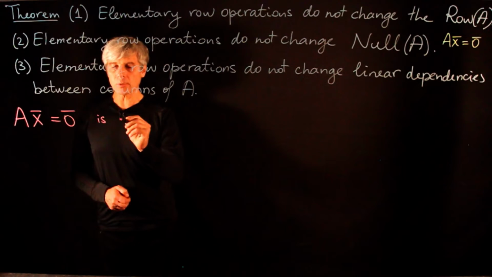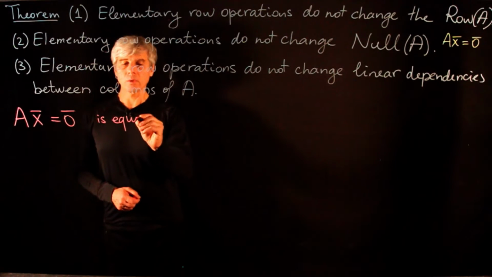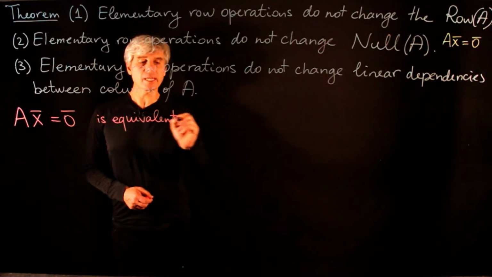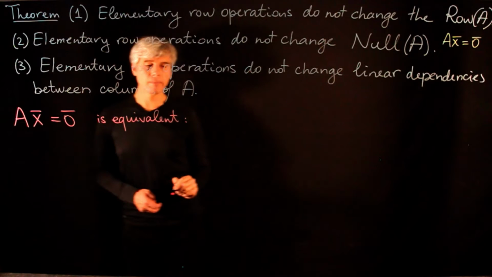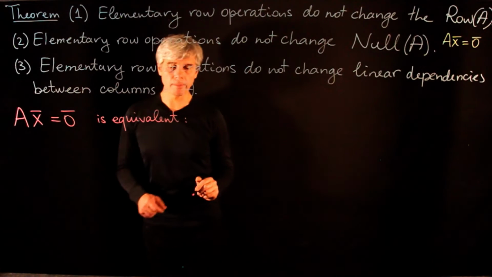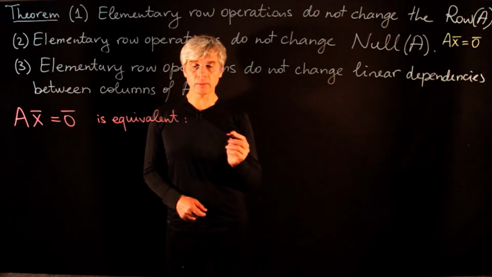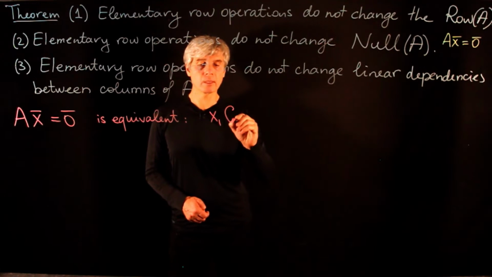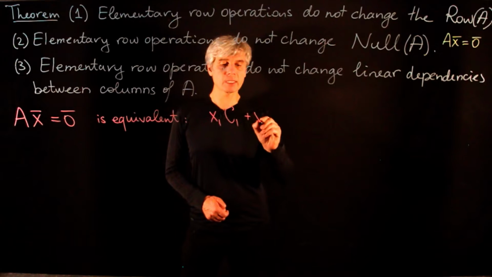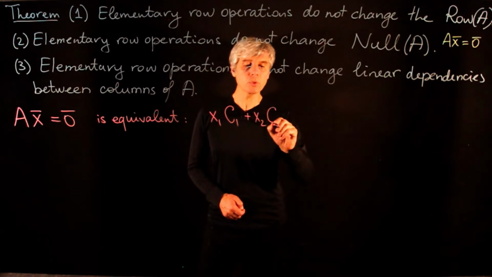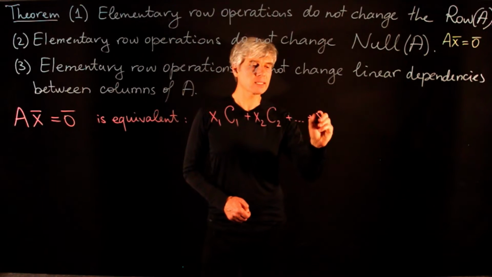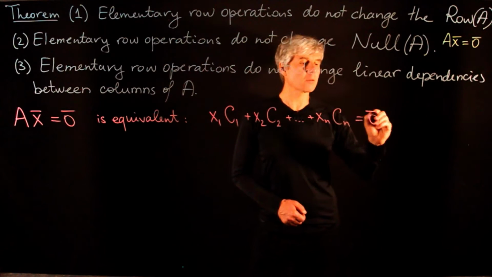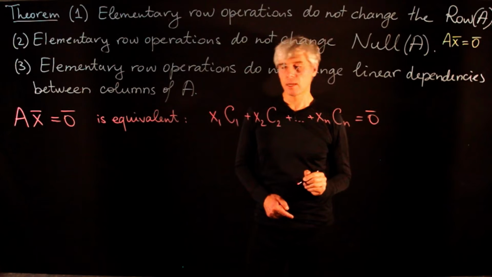And there is a third interpretation. This is a vector form. And so we said that this matrix form, or system form, is equivalent to a vector equation. And this vector equation is x1 times column 1 of the matrix plus x2 times column 2 of the matrix plus xn times column n of the matrix. And in this case, the right-hand side is equal to 0.